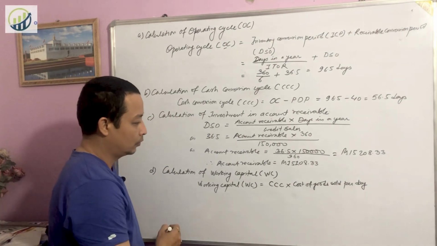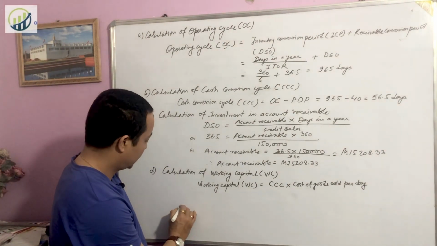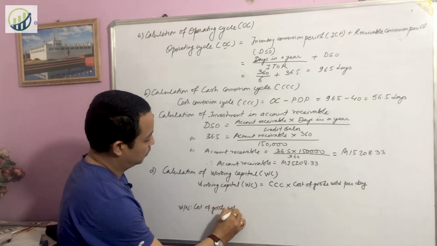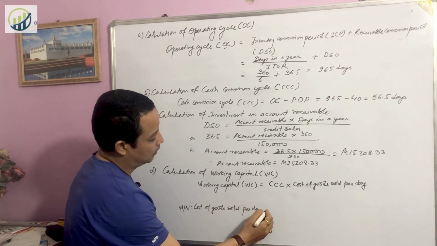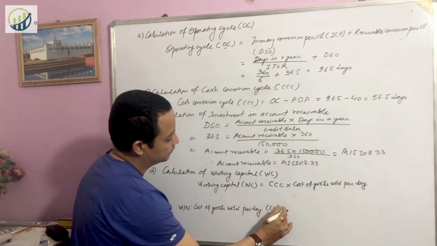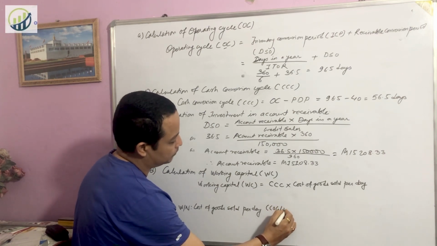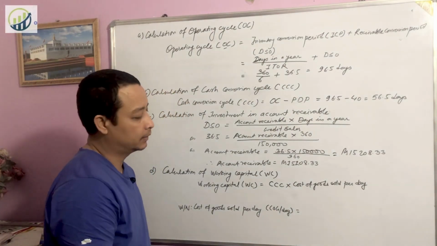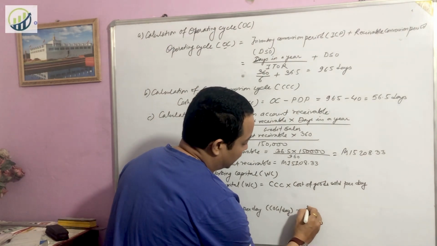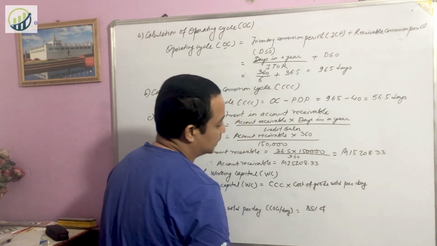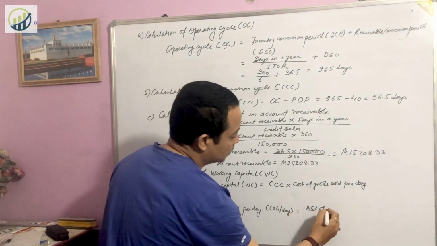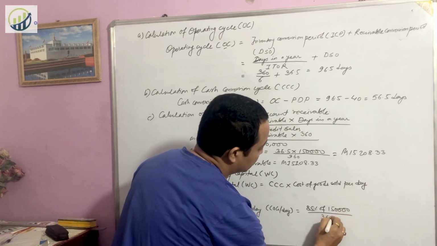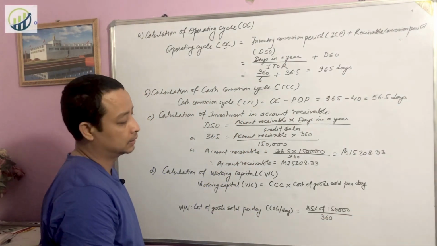You don't know the cost of goods sold per day, so you have to find it in a working note. Cost of goods sold per day, or COG per day: cost of goods sold is 85% of the credit sales, so 85% of credit sales divided by number of days, 360 days in a year.